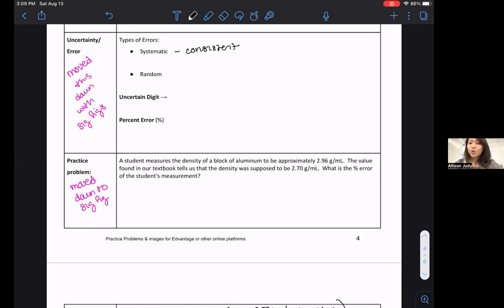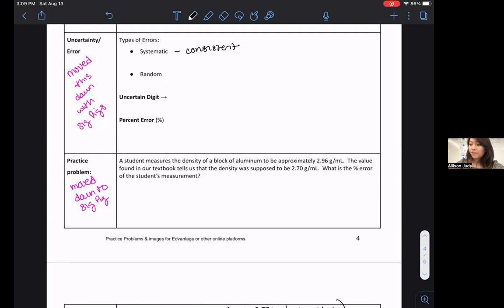So, let's say you always have the temperature 1 degree too high, but it was consistent throughout the entire lab. Or you always calculated a value, a mathematical expression, with an additional division by a factor, but you were consistent throughout your entire calculations. That would be systematic error.